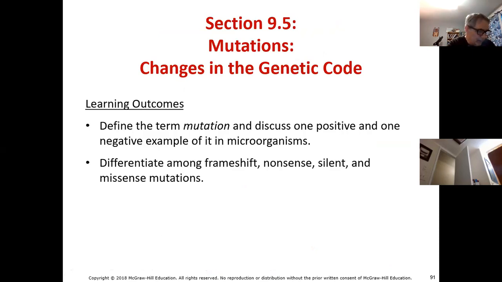Mutations, we talked a little bit about, are changes in the genetic code. Mutations can be either positive or negative. They can give an organism a selective advantage versus other organisms. They can also lead to defects that make the organism less able to survive.